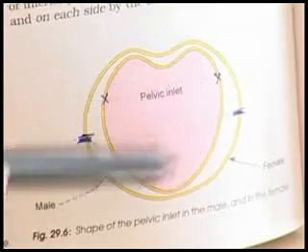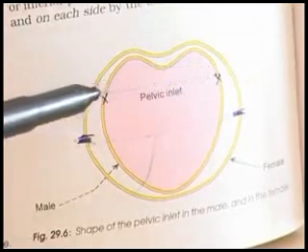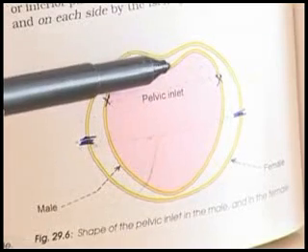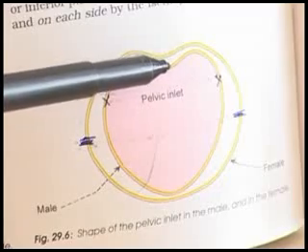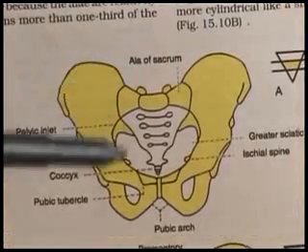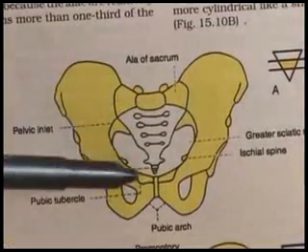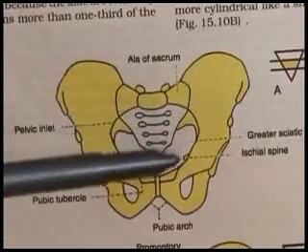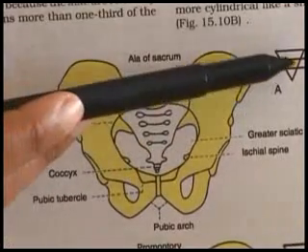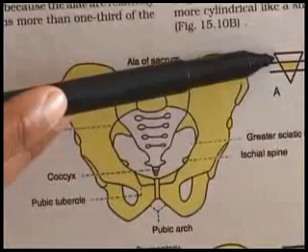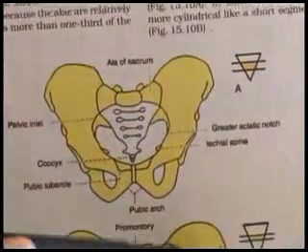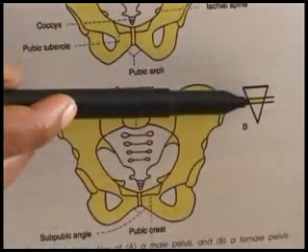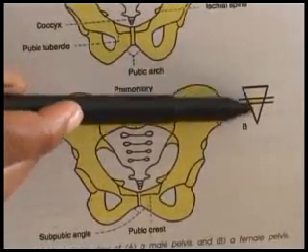It is wider posteriorly and narrow anteriorly, and the indentation by the sacrum is more. In males, the cavity is longer, more conical and narrow, like a long segment of a cone. In females, the cavity is shorter and more cylindrical, like a short segment of a long cone.